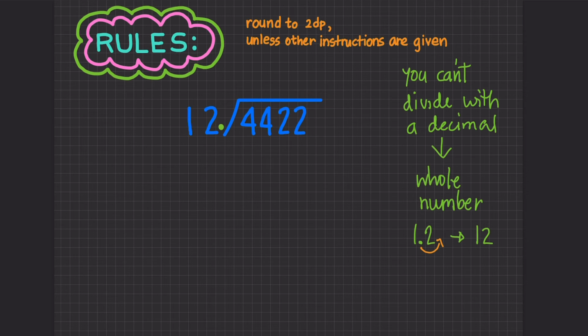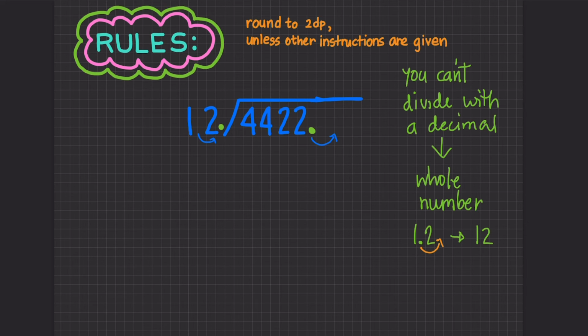Whenever you do anything to the divisor, you need to also do it to the dividend. You might say, but miss, where is the decimal point here? It is hiding, it's invisible. There always is a decimal point after the units. We need to move it one place also, because we moved this one decimal place to the right, we need to move this one decimal place to the right as well.